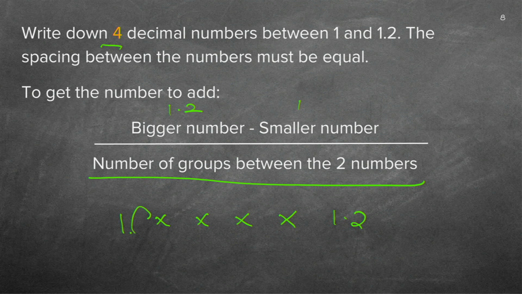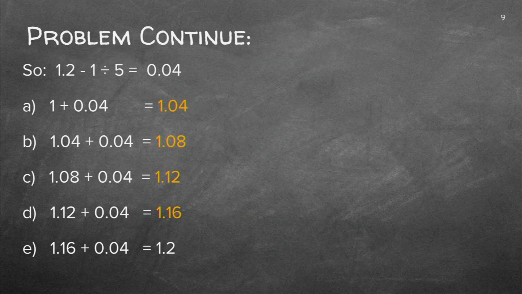So there's going to be 1 space, 2 spaces, 3 spaces, 4 spaces, 5 spaces. So we're going to work out 1.2 minus 1, divide by 5. Now you can pause and do it and see your answer and check on the next page whether you're correct.